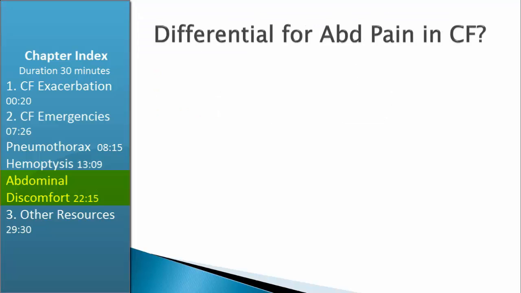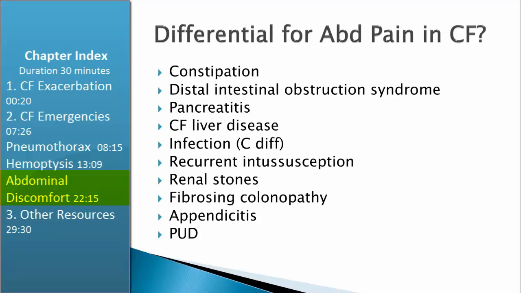What is the differential for abdominal pain in a patient with cystic fibrosis? There's quite a large differential, but I just wanted to mention some of them. Constipation is quite common. There's also distal intestinal obstruction syndrome, or DIOS, pancreatitis, which is more common in patients that are pancreatic sufficient, CF-related liver disease, infections such as C. diff.